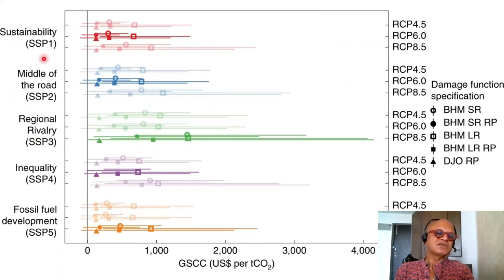Looking at the various dependence on RCPs and shared socioeconomic pathways, depending on whether you aim for sustainability, middle of the road, regional rivalry, inequality, and fossil fuel development, which is obviously not very friendly, you get various ranges of RCPs in each of them, and the social cost of carbon can range very, very widely based on which scenarios we choose for the future.